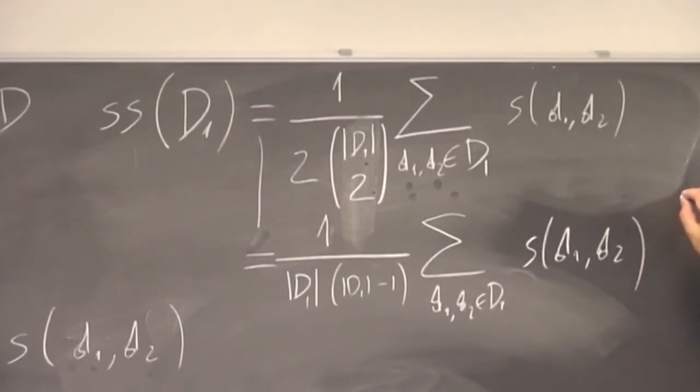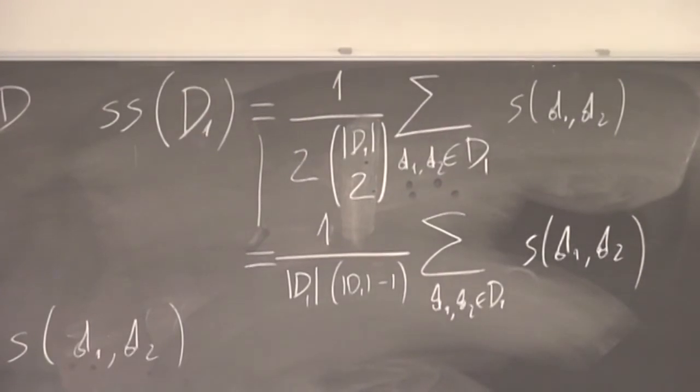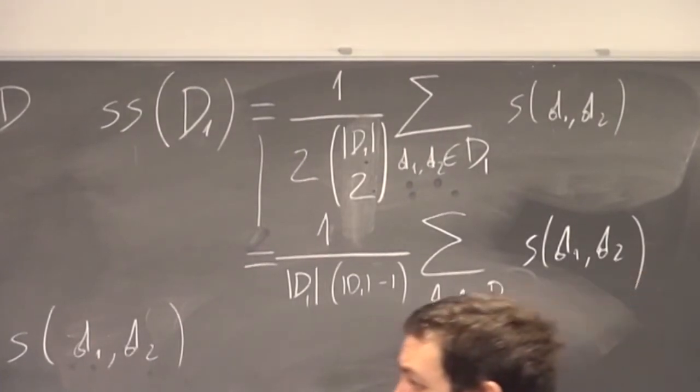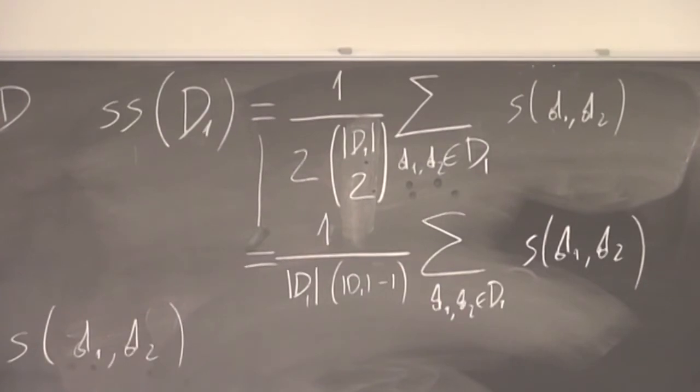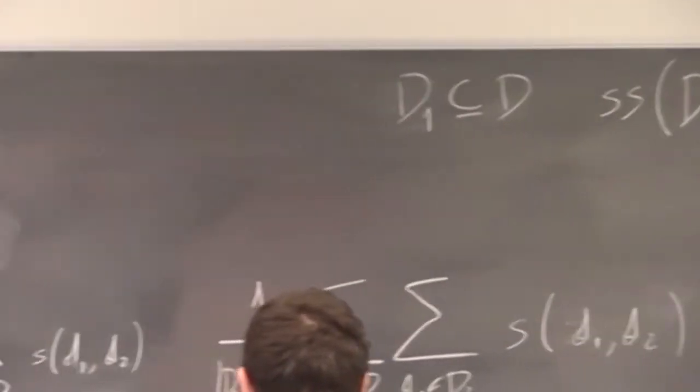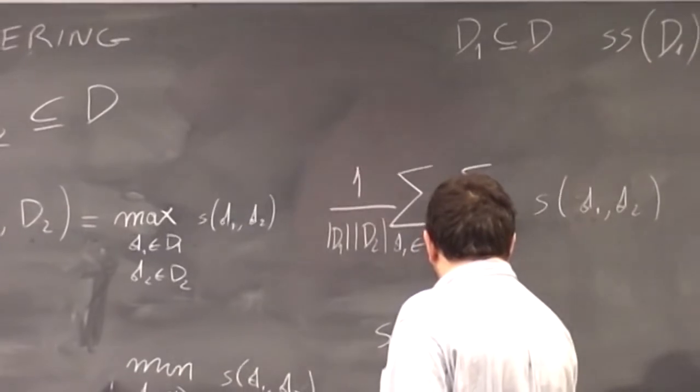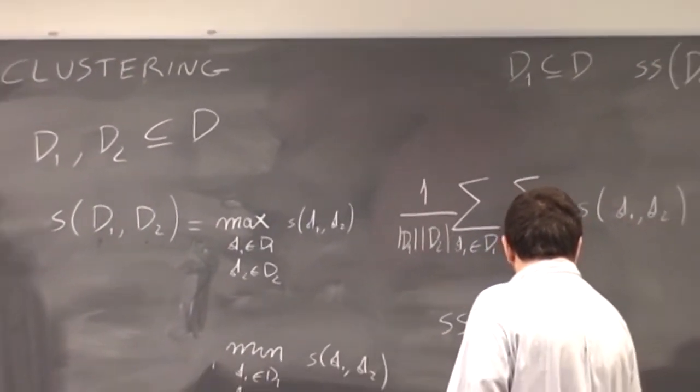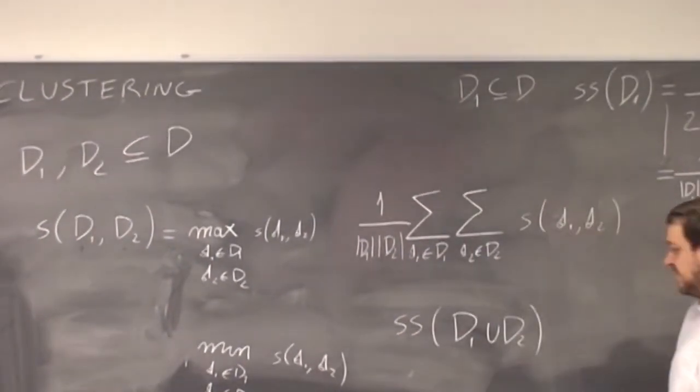So, if we define this as the self-similarity of one set, the average of all pairwise similarities within that set, then we can define the similarity between two sets as the self-similarity of the union of the two sets.